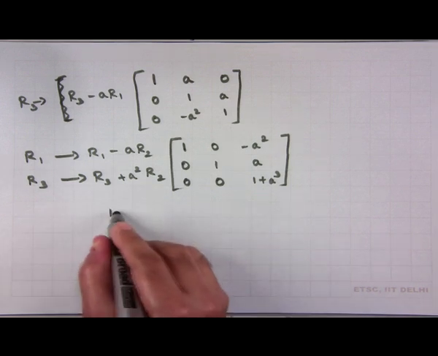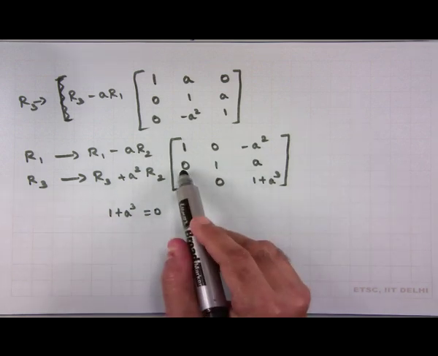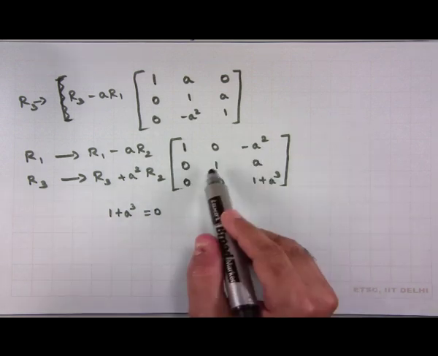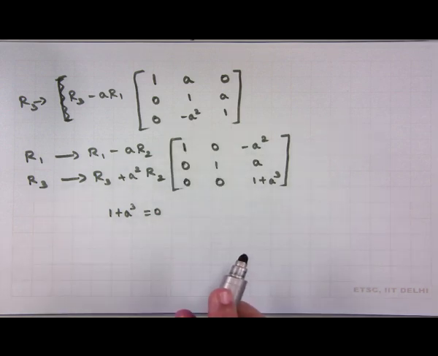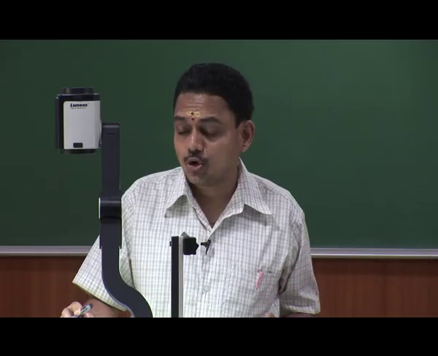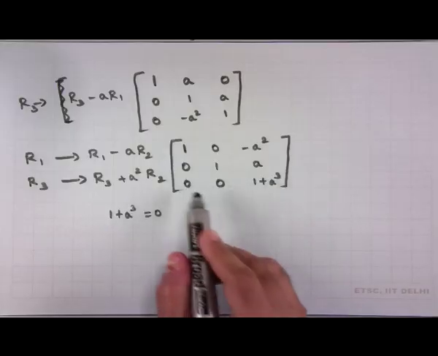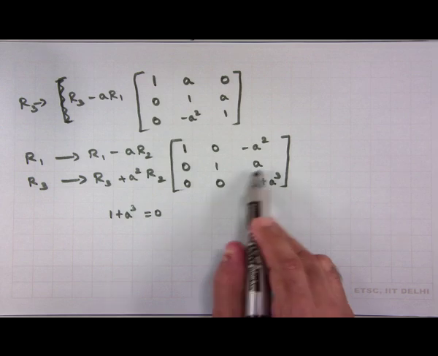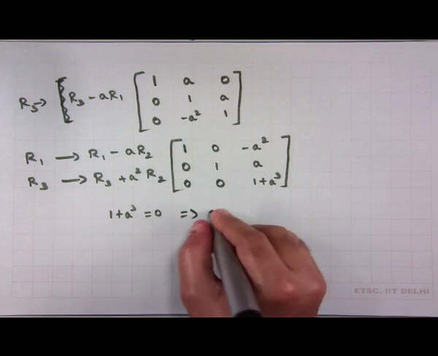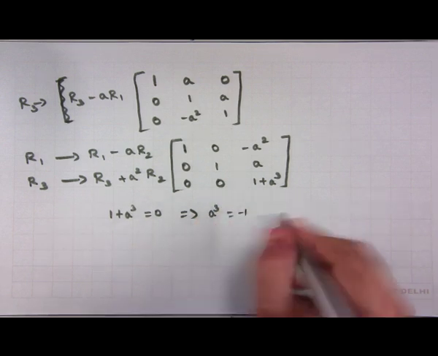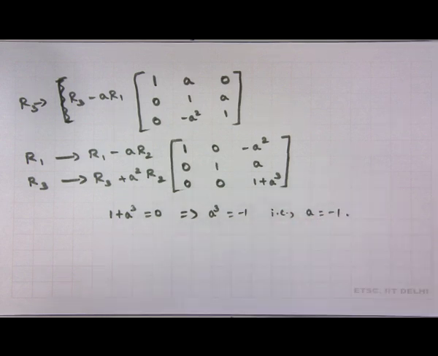So, what we expect is 1 plus a cube to be 0, because for the other two rows you already have a 1. So, you have a non-zero term, which means you cannot expect them to become a 0 row. So, only thing that you can expect is the last one. You already have two zeros. So, last term, which is 1 plus a cube, that can become 0. If that becomes 0, that will imply that a cube is minus 1, that is a equal to minus 1.